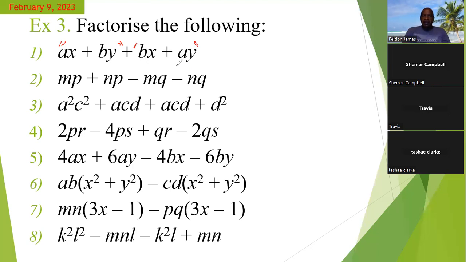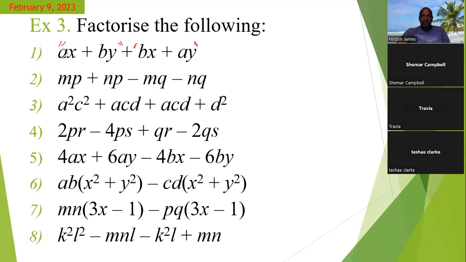But when we look at the terms in the expression, we can rearrange terms so that we get pairs with common factors. So where we are not able to immediately notice pairs with common factors, we may rearrange the expression so that we put the terms that have common factors together.